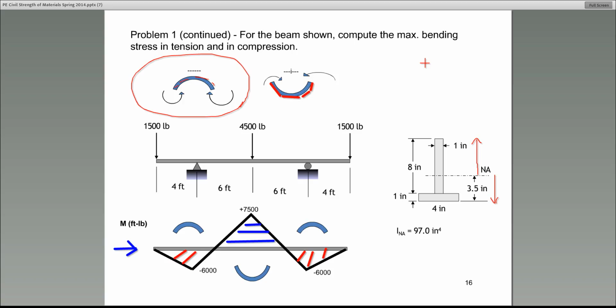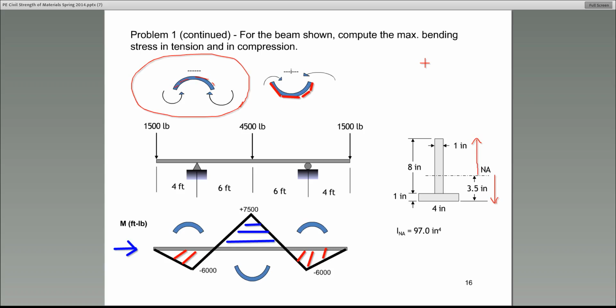All right? So let's assume that we are, now I want everybody to do this along with me. Let's assume that we are trying to find the maximum bending stress in the region where the beam is subjected to negative moments.